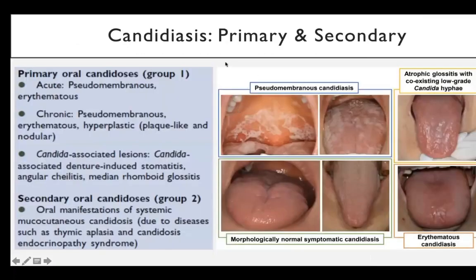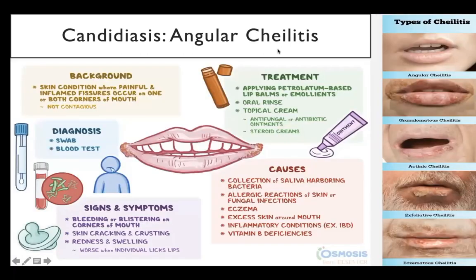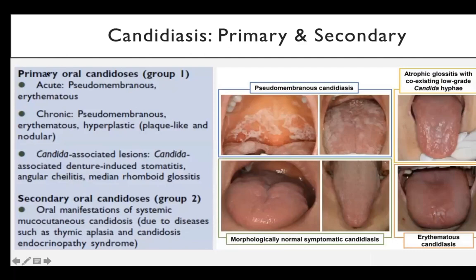And then we have candidiasis. After angular cheilitis, we have candidiasis, primary and secondary. So you can see primary oral candidiasis and secondary oral candidiasis. Primary includes acute, which are pseudomembranous and erythematous.